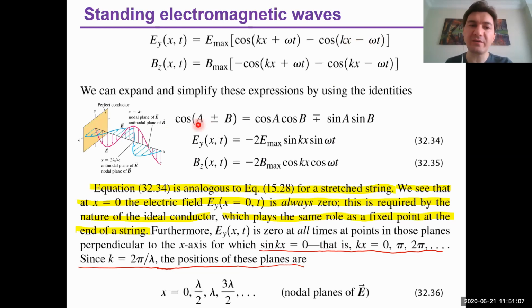We know from trigonometry that cosine(A + B) is equal to cosine A times cosine B minus sine A times sine B, and cosine(A − B) is cosine A times cosine B plus sine A times sine B, okay?